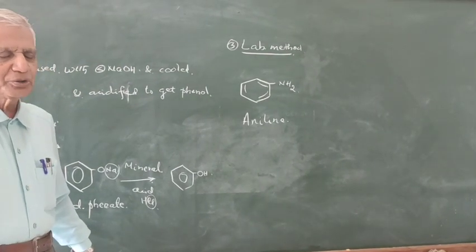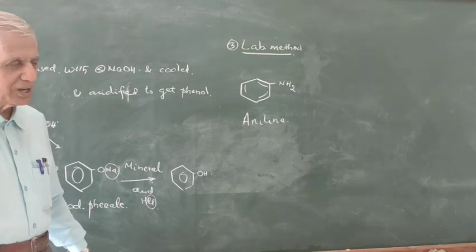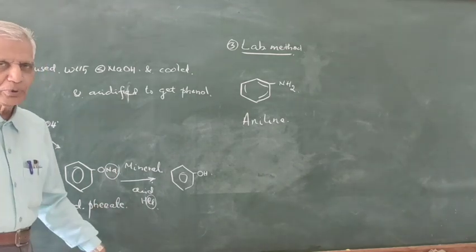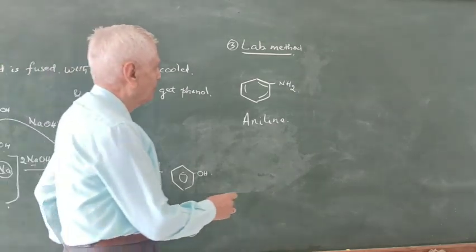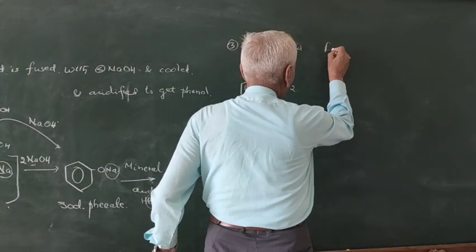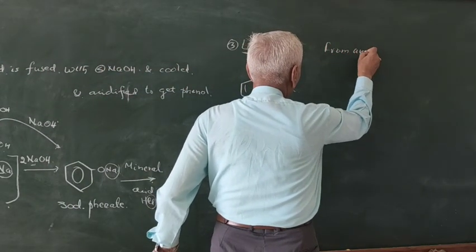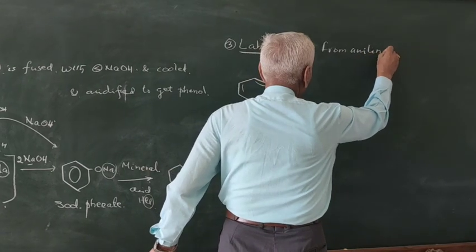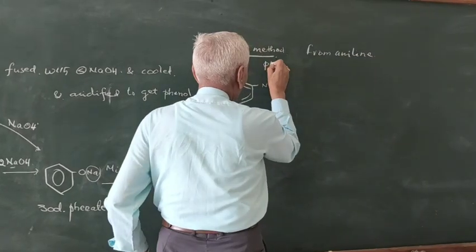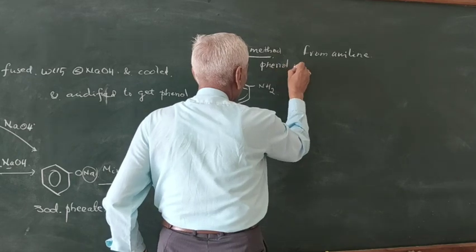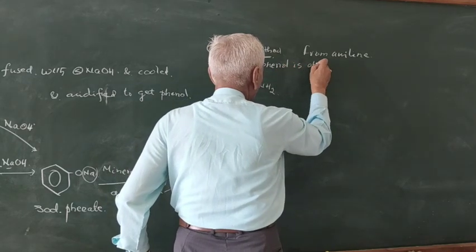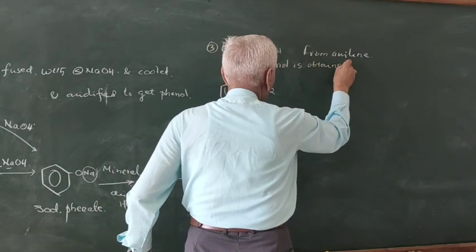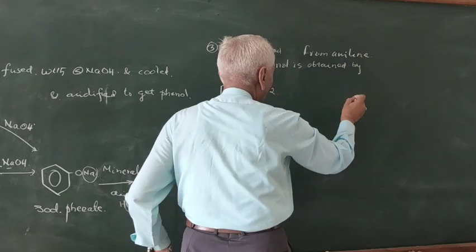The reaction involves two steps. Starting from aniline, phenol can be obtained by two reactions.